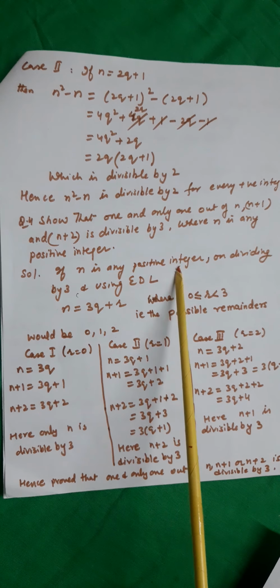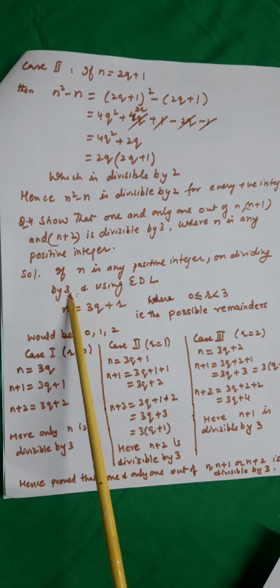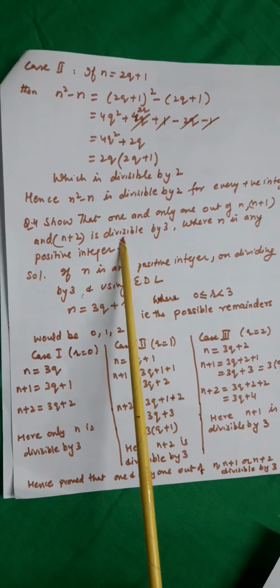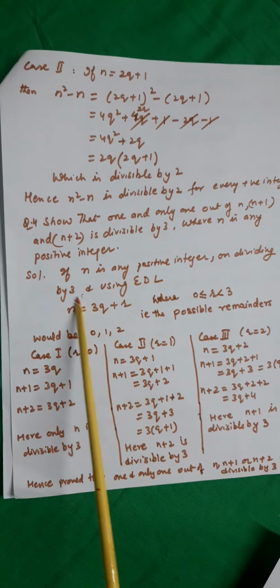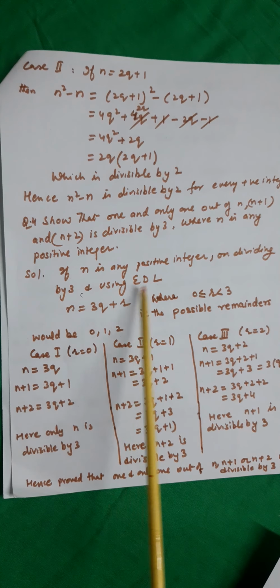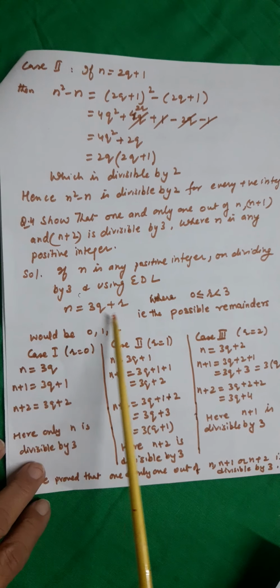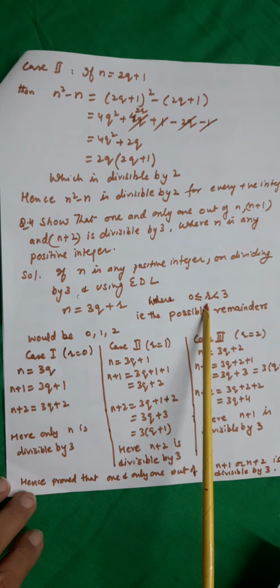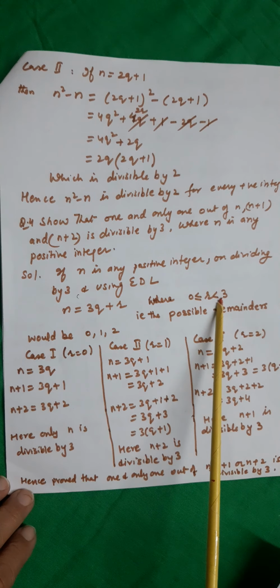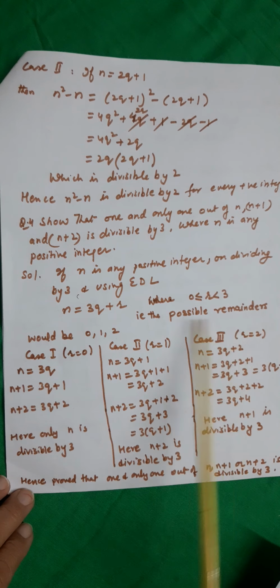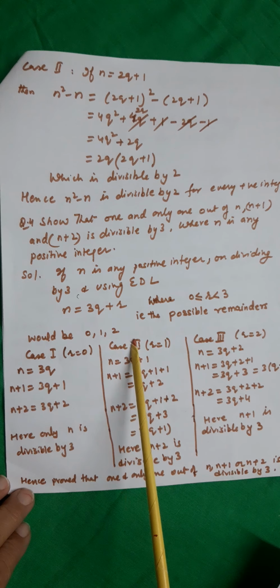If n is any positive integer, then on dividing by 3, because we have to take it divisible by 3, using Euclid's division lemma, we will have n is equal to 3q plus r, where 0 is less than or equal to r is less than 3. That is, the possible remainders are 0, 1 and 2.